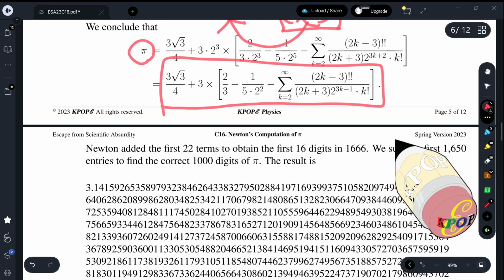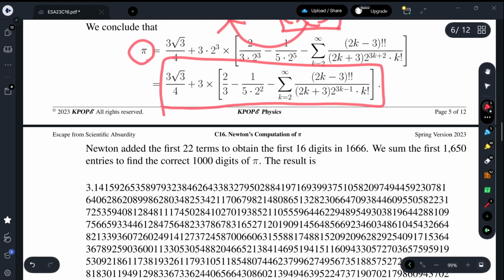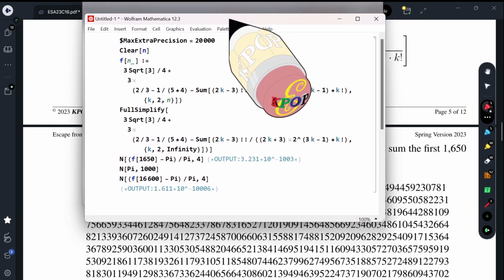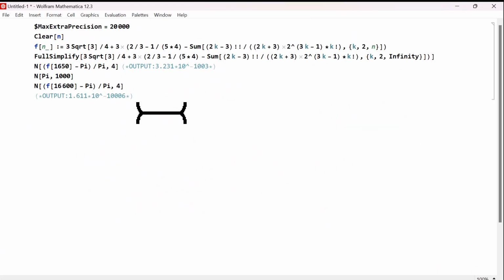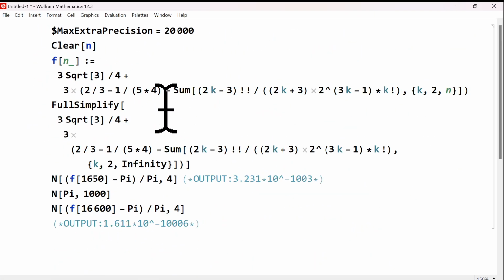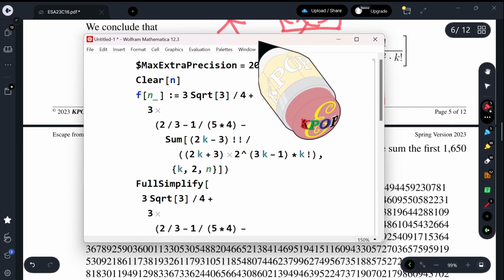Okay, so we'd like to carry out this numerical calculation. First of all, why don't we make use of this Mathematica code to compute that? First of all, I have chosen the maximum extra precision 20,000 and introduced a function f of n, actually.